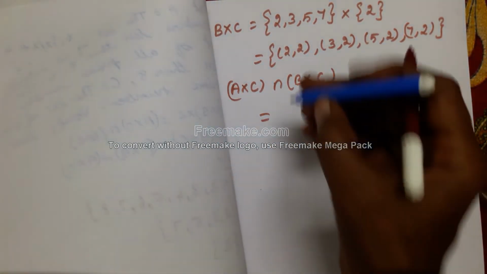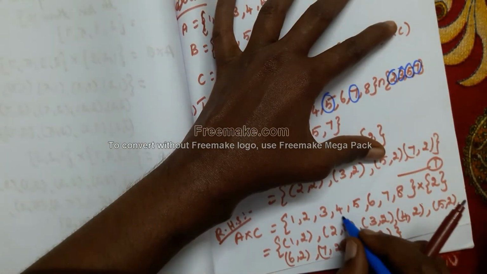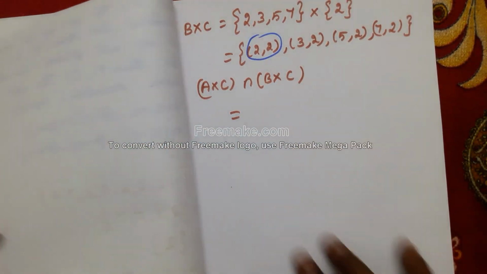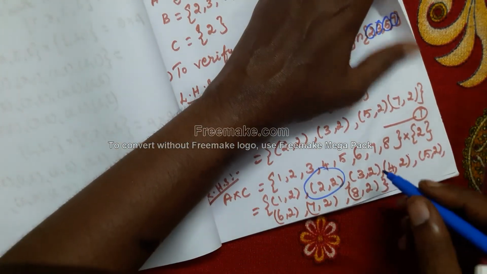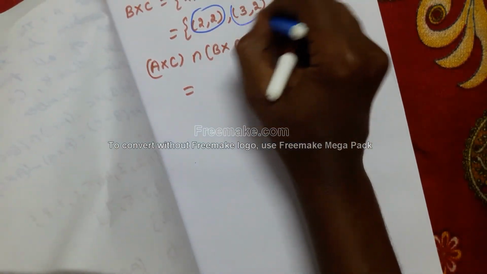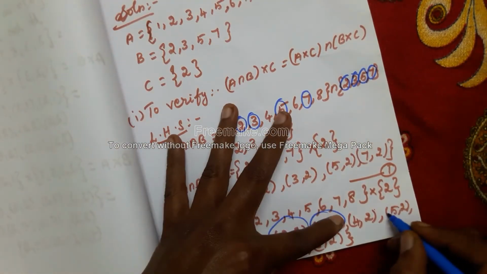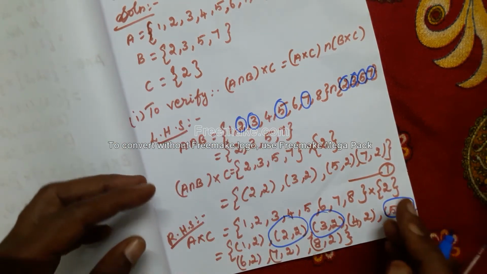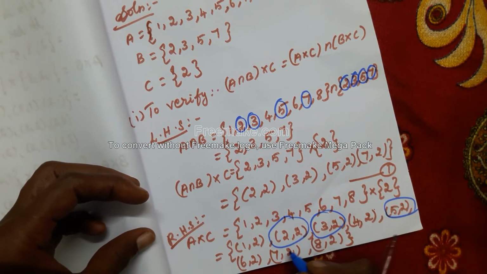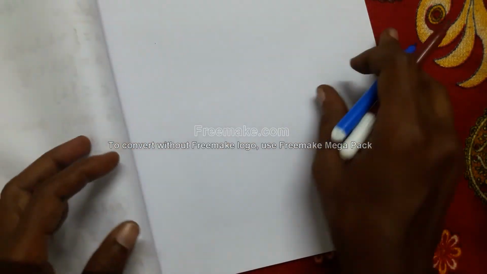So we can circle that (2,2). Next (3,2), here also having, here also having. So (3,2). Next (5,2), both also having that. Next (7,2) also having in A cross C and B cross C.